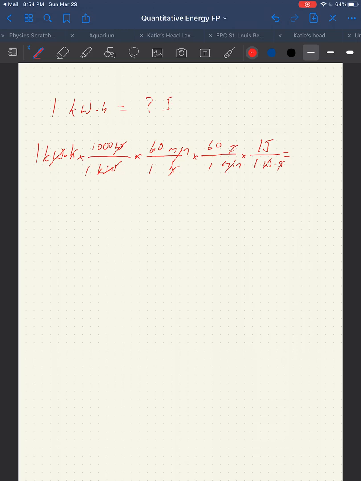So now we've got 1 times 1,000 times 60 times 60 equals 3,600,000 joules in 1 kilowatt hour. So when you look at your electric bill and you see how many kilowatt hours you're being billed for, you can see that that's 3,600,000 joules.